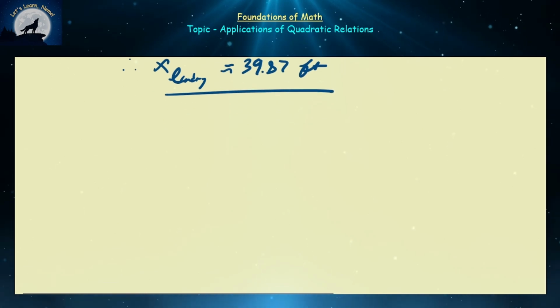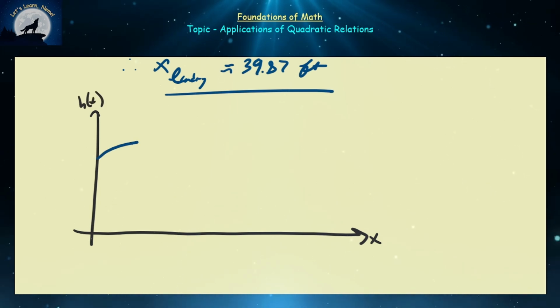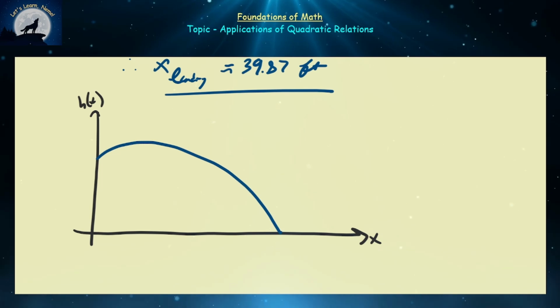So now that we have all these numbers, it's probably going to be very useful to draw a nice little picture with all of our numbers inside of this diagram. Again, we have x here, we have h of x here, and then we have our projectile going down here. So this is going to be our initial height, that's going to be 7.32. And we also figured out what the maximum height is going to be.